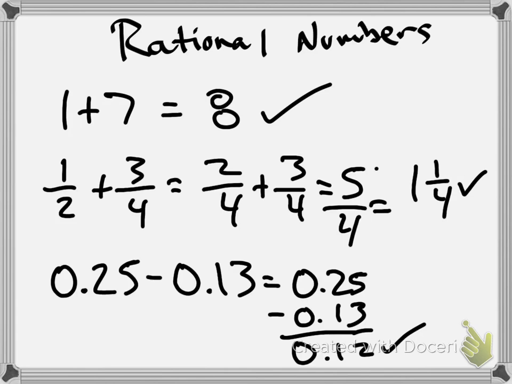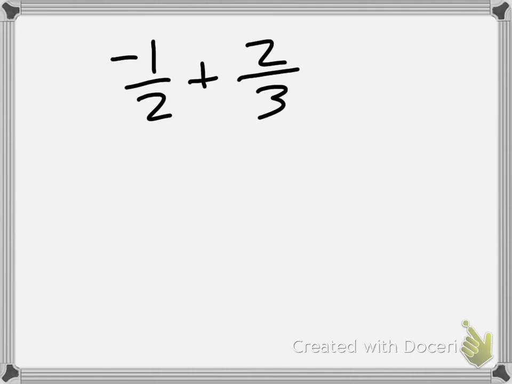So when we're talking about what we're doing with rational numbers, in this case, we really want to go back and focus on some of the things that we might not have included in this example, like negatives. In this case, I have negative 1/2 plus 2/3. Well, that becomes a little bit trickier.